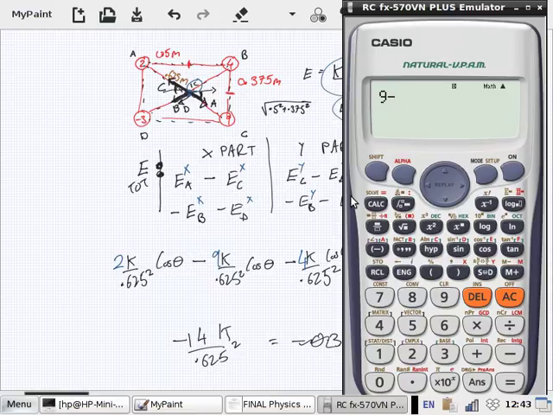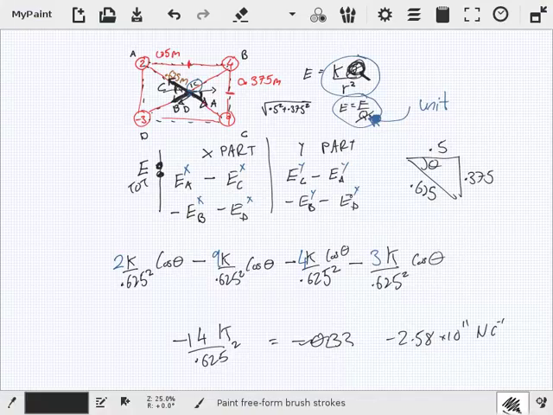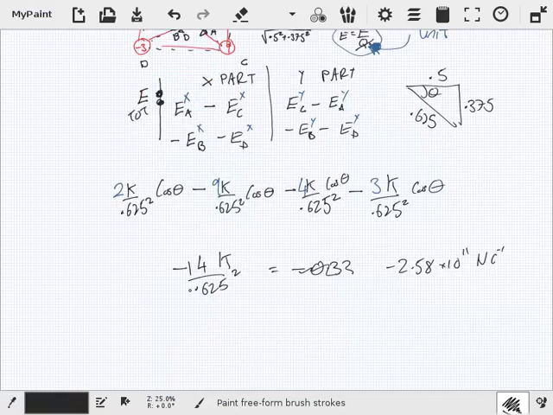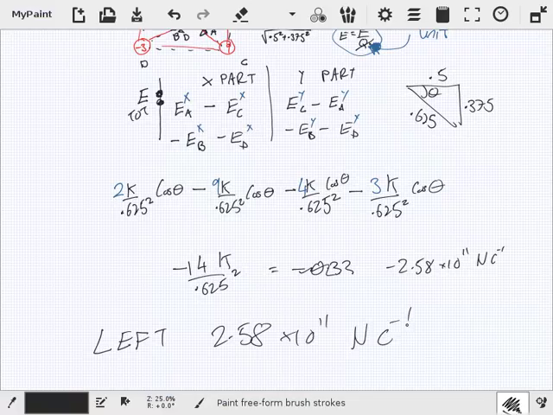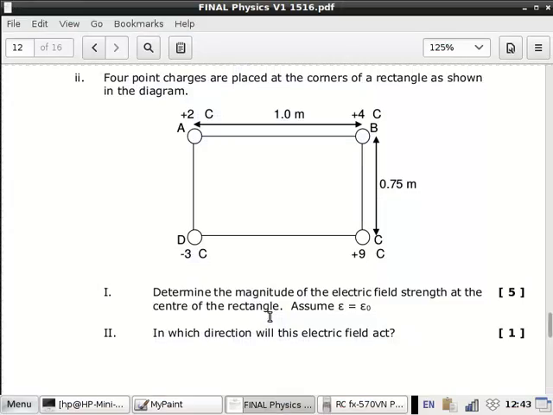Minus 4 minus 2 minus 3. Whoa, 0. So all the y parts cancel. Sweet. So the final answer is left 2.58 times 10 to the 11 newtons per coulomb. So the question is, what's the direction? Left, because there's no y and it's only negative.